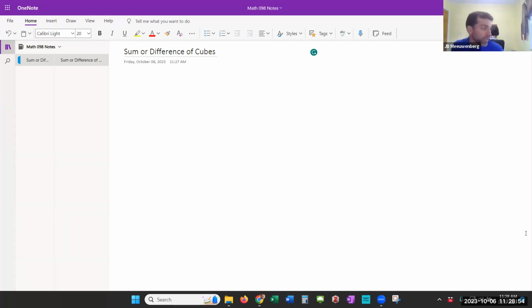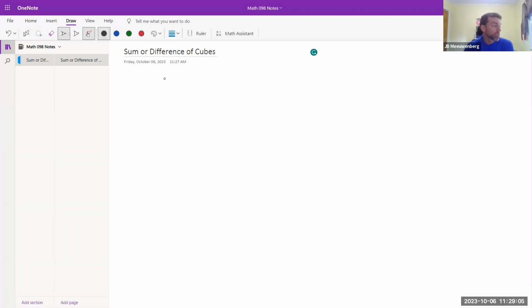Well, we're going to talk about sum or difference of cubes. You may be, or hopefully are, familiar with a difference of squares. That may be something that we've talked about before.